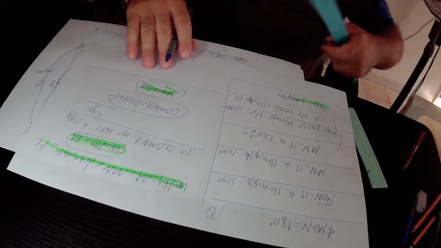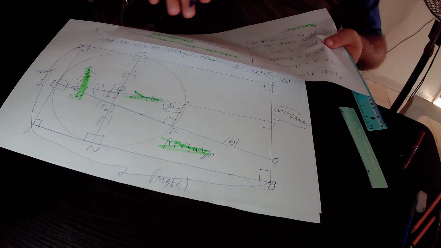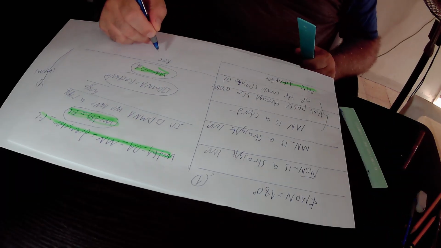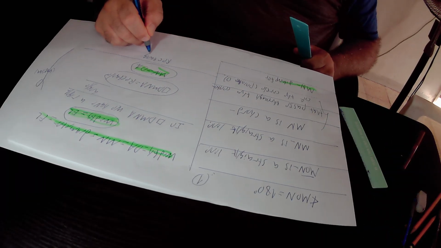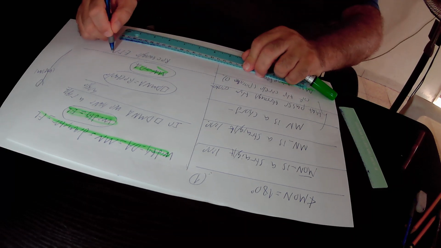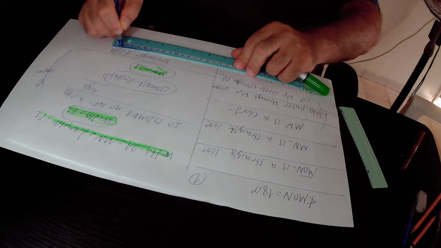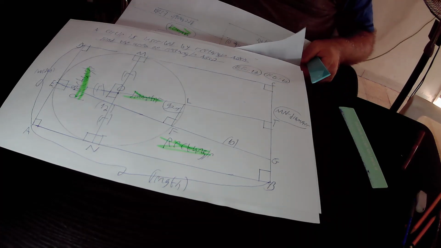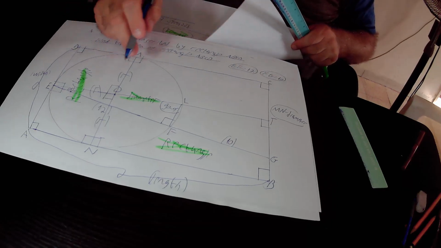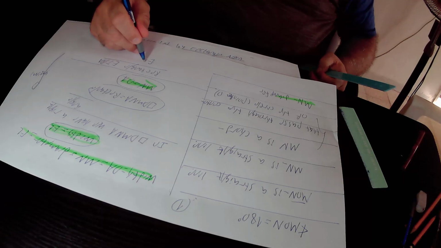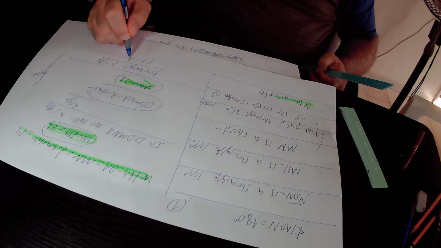In rectangle ETBA, side ET must be equal to the opposite side AB. ET equals AB.